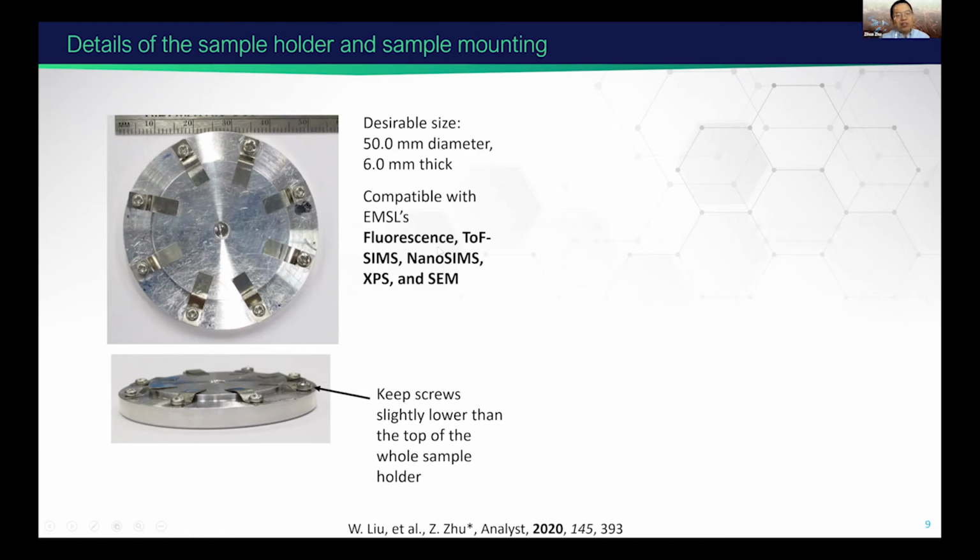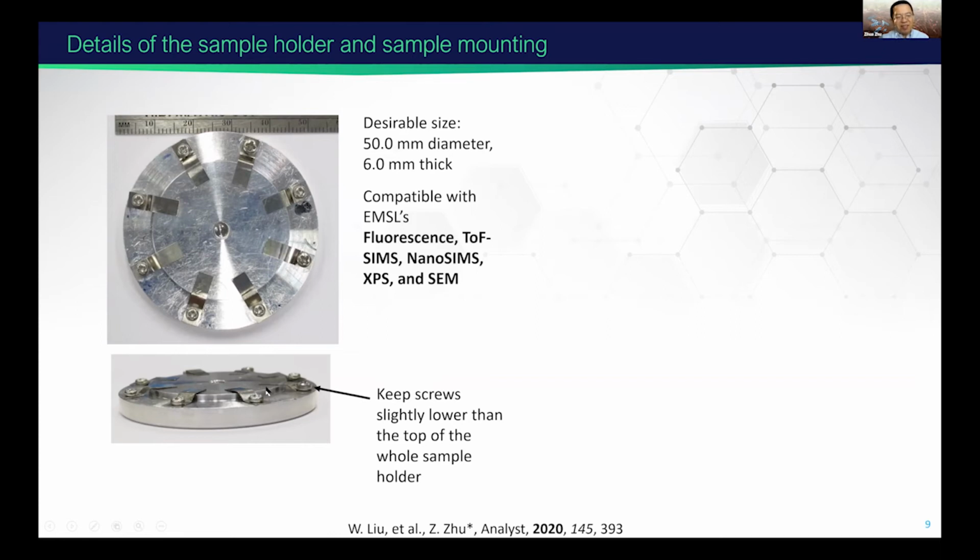Why do we want to use this size? Because this size is compatible with quite a few imaging techniques, including fluorescence, time-of-flight SIMS, NanoSIMS, XPS, and SEM. At least five commonly used tools. Another detail is that we prepared a trench outside, to make sure all the screws are slightly lower than the top.